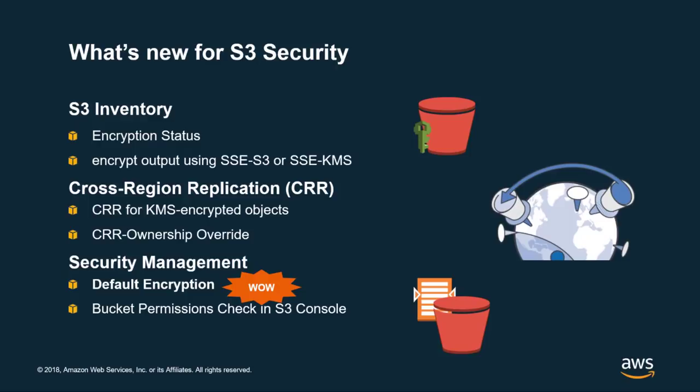We've added CRR support for KMS encrypted object and ownership override, and also default encryption and being able to check bucket permissions in the S3 console. And I'd say default encryption is a really powerful tool, as we'll learn more about, so I give that one a wow.